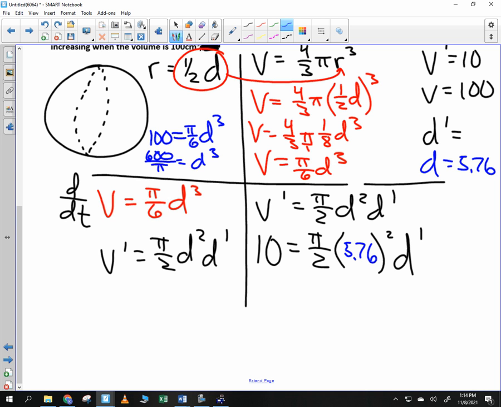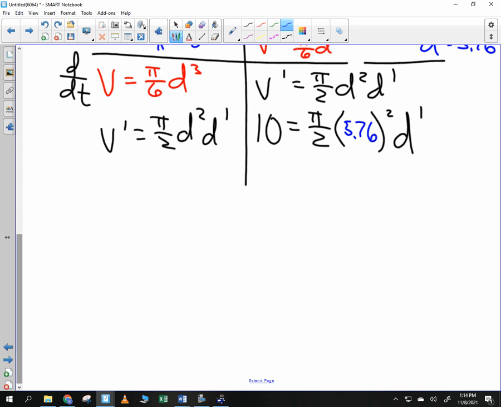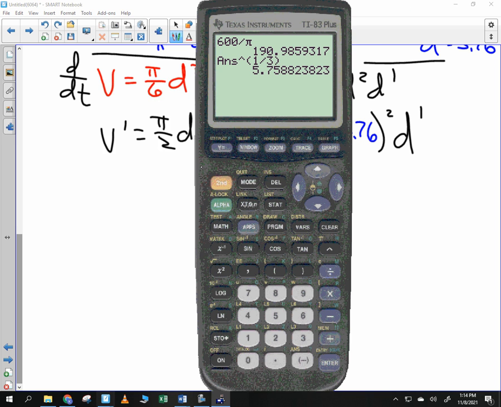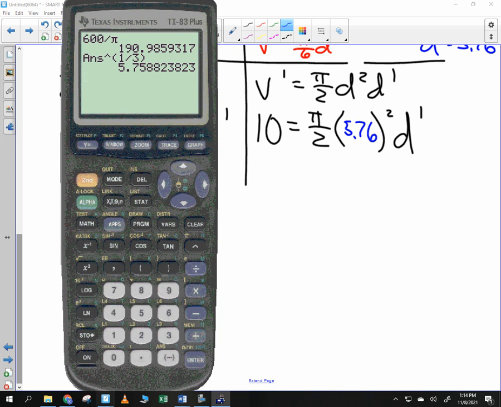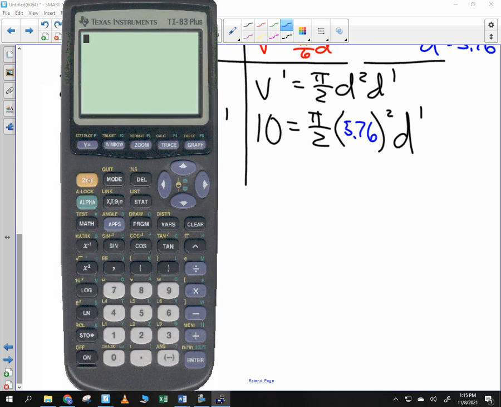Is that enough information now to solve my problem? Everybody agree that it's definitely gonna be kind of a nasty looking decimal. So let's just figure out what decimal we get on the right hand side here. I've got pi divided by 2 times 5.76, and I'm going to square that. And I get 52.12.